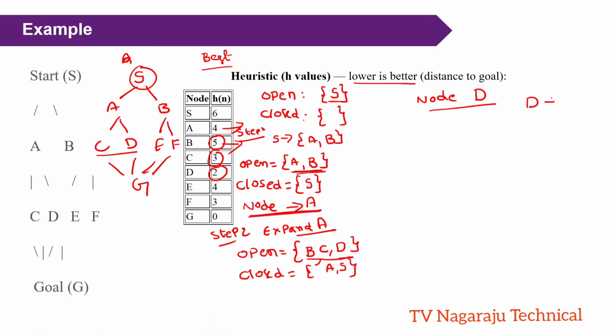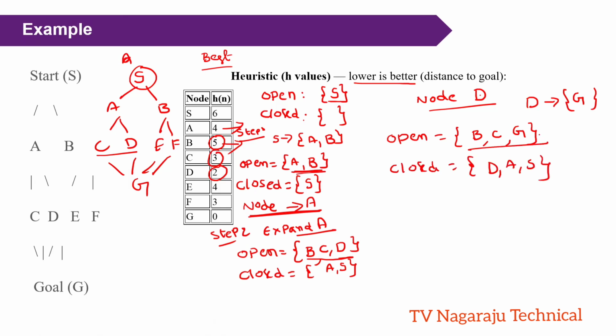Now expand D. Now my open consists of B, C, and D is already picked up, and G is added. My closed consists of D, A, S. In the next iteration, B value is 5, C value is 3, G value is 0.